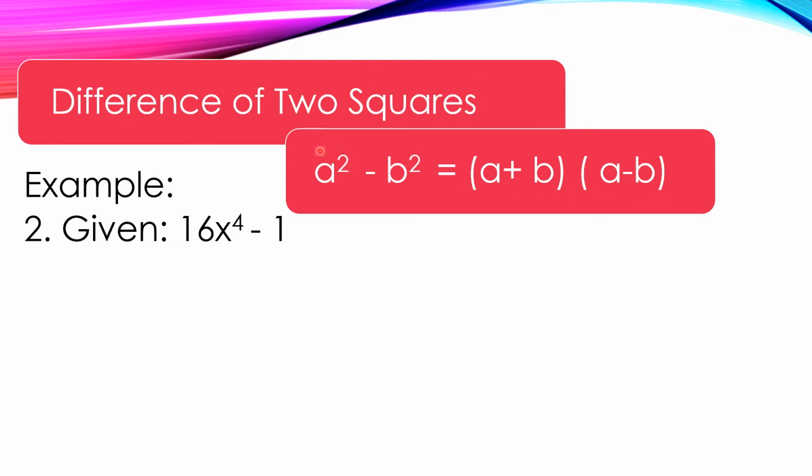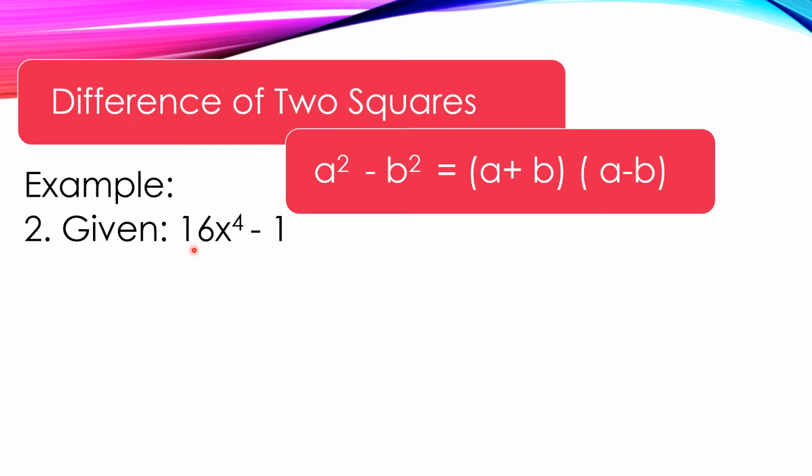Notice that for the first term, we get the root of the first term, the same with the second term, and the operation between them is addition and subtraction. In this example, a squared is 16x to the fourth and b squared is positive 1.